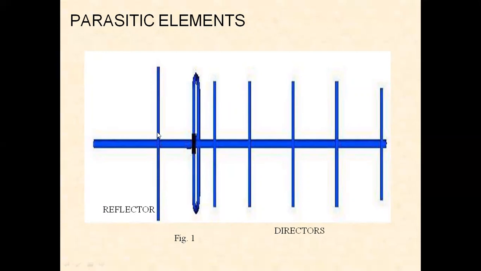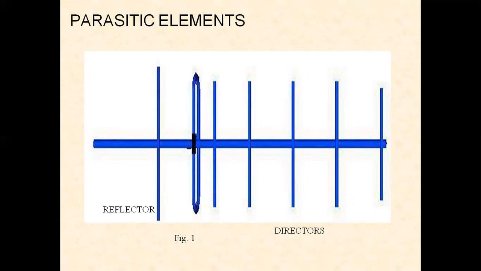This reflector increases radiation in its opposite direction. It reflects the signal, and the total energy comes to the feed point, that is, the driven element. Similarly, the director increases the radiation in its maximum direction. It will not reflect the signal. It supports the maximum radiation towards the driven element.